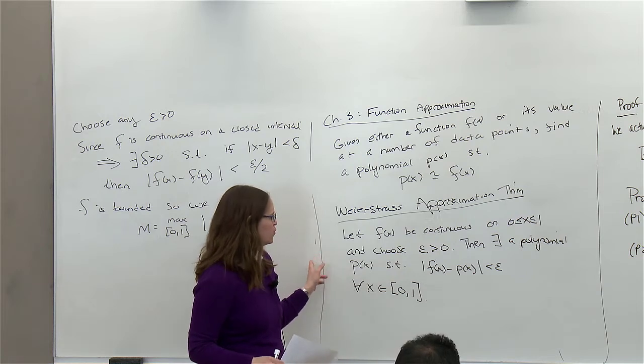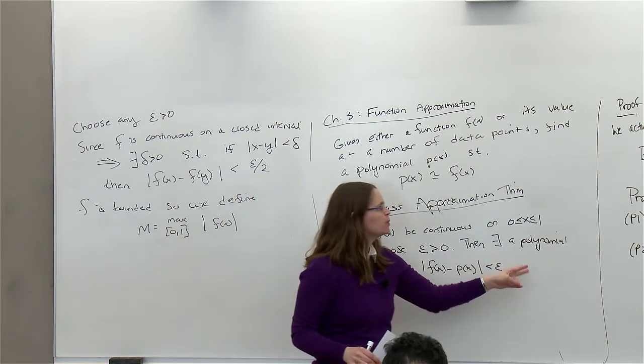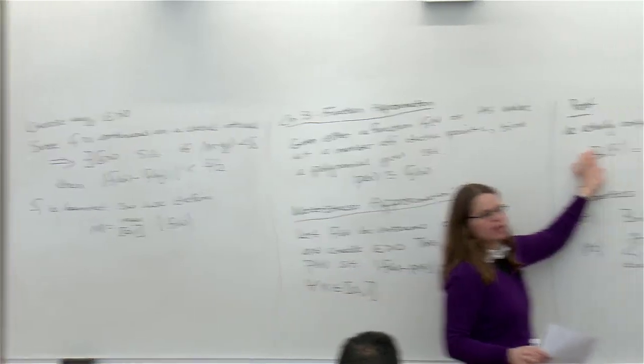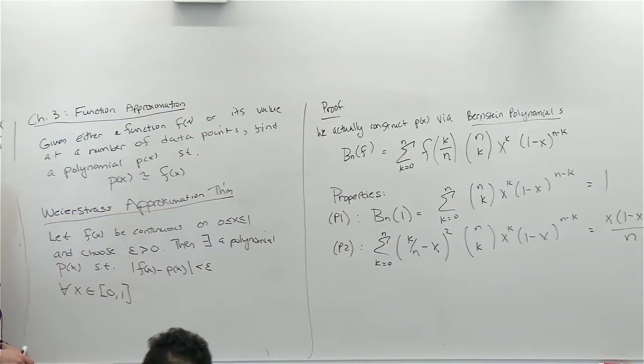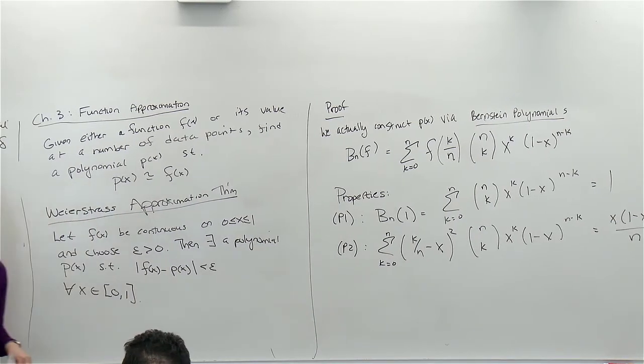I've kind of written down the obvious information here. Then the next thing was there exists a polynomial. We've already thrown out a guess at that polynomial. So the obvious thing to do is start looking at this difference and see if we can get it to come out to epsilon.